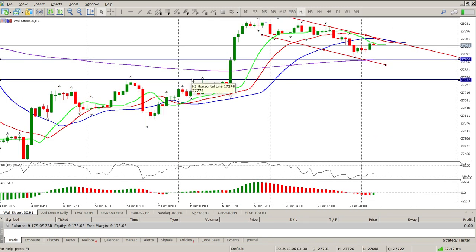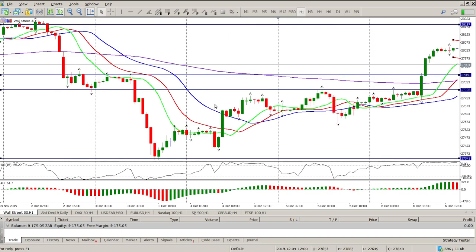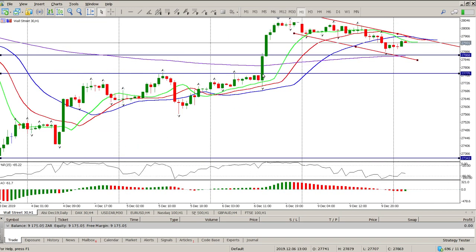So there is no level at the moment where we are. Here is your first level: 27,868 is our first level, and there is a possibility we blow through that for the second level. So the second level is 27,775.